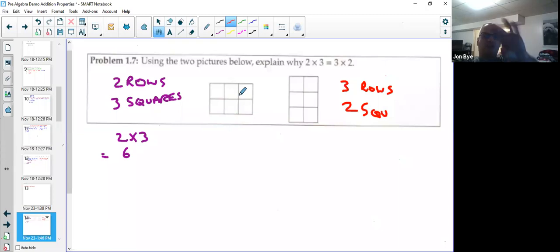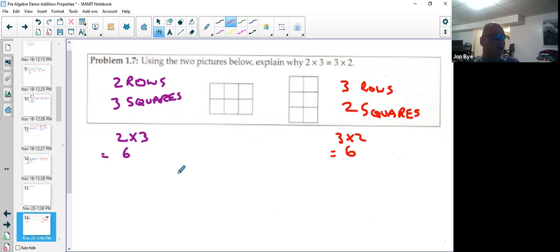If I turn the first picture, I get the second picture, and there's still 6 squares. It doesn't change the number of squares just because we turn the picture on its side. So there are 3 rows and 2 squares on each row, so we have 3 times 2, which is also 6.